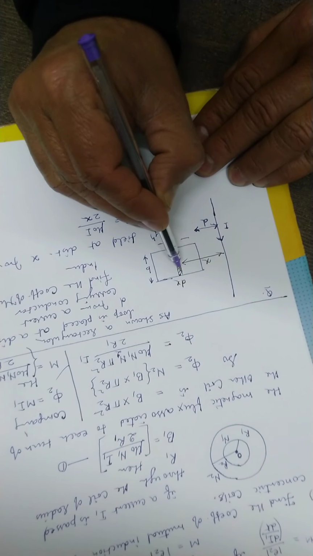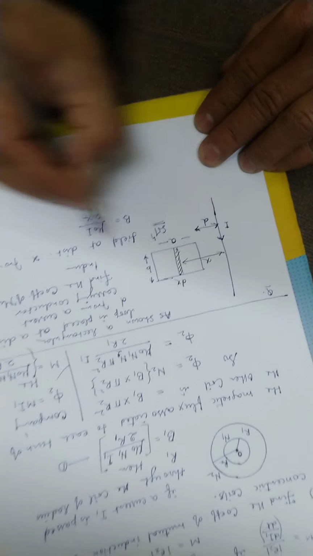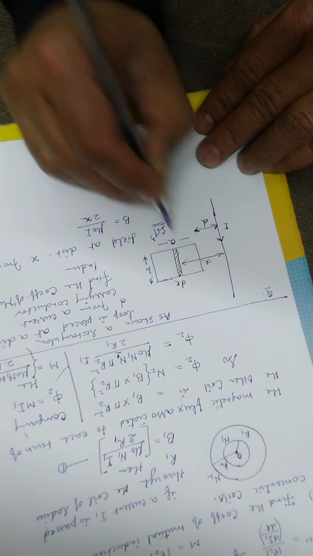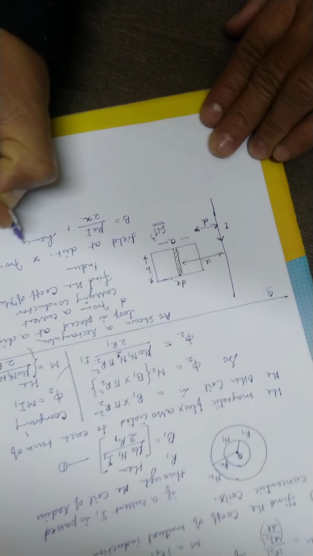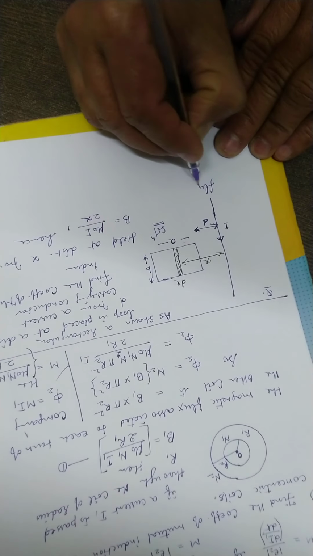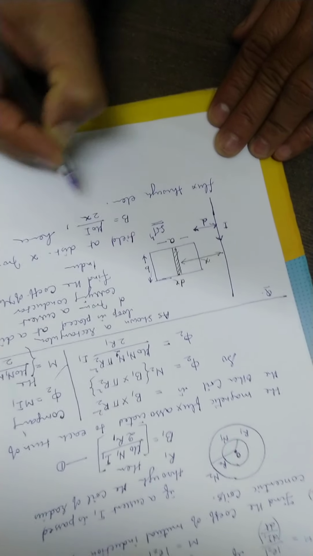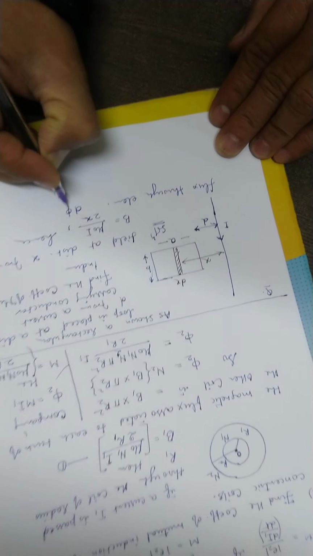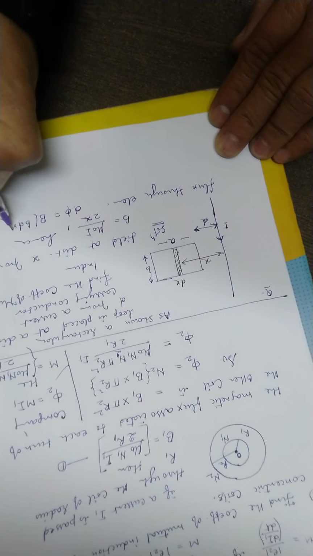Now the area of this element is b dx, small b into dx, width into length. So flux through the element, d phi, will be nothing but B into b dx.